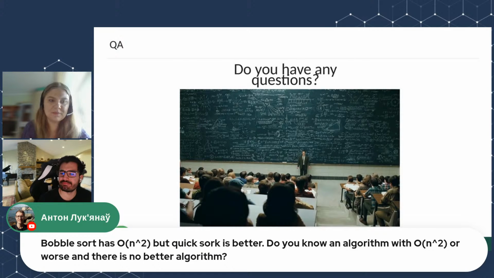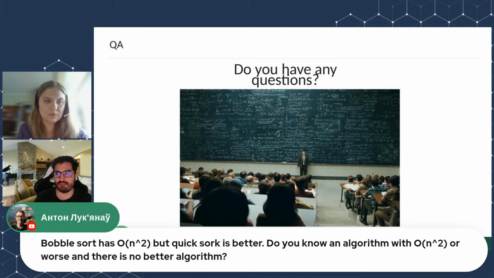If I understand it properly, the question is whether there is anything worse than n squared. Maybe using a brute force algorithm, like checking every element through a very bad implementation.